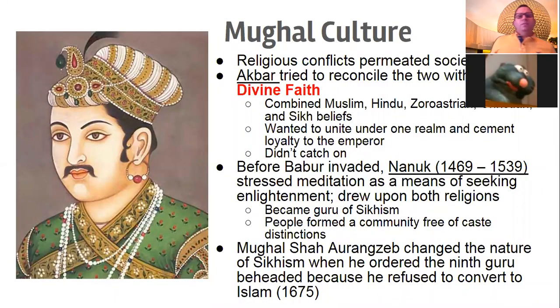Now, the other cultural impacts of the Mughals. Okay, just like the other empires that we've looked at, they are dealing with religious conflict. Their religion, though, is based on a whole lot more than just Islam and one other faith. If you look here, their new religion that they try to set up is called the Divine Faith. The Divine Faith combines Islam, Hinduism, Zoroastrianism, Christianity, and even Sikh beliefs.